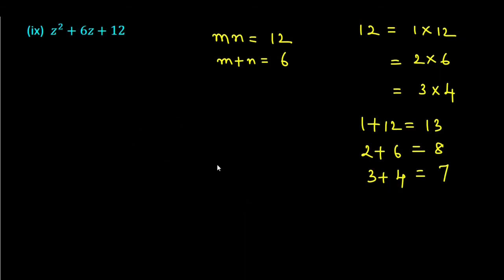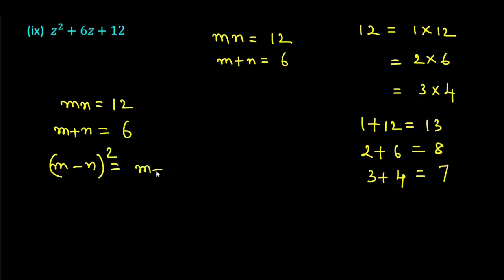Now let us try algebraically. Mn is equal to 12, m plus n is equal to 6. Now we have to find m minus n first to find m and n separately. M minus n whole square is equal to m plus n whole square minus 4mn. This is equal to, m plus n is 6, so 36 minus 4 into 12.